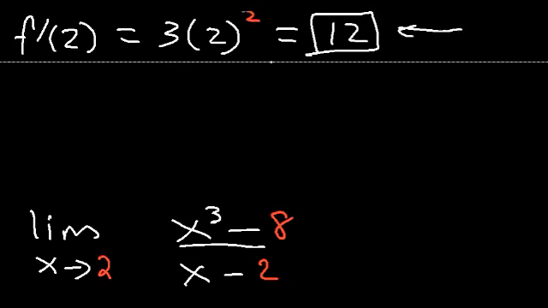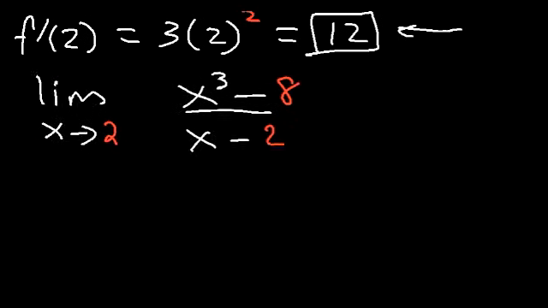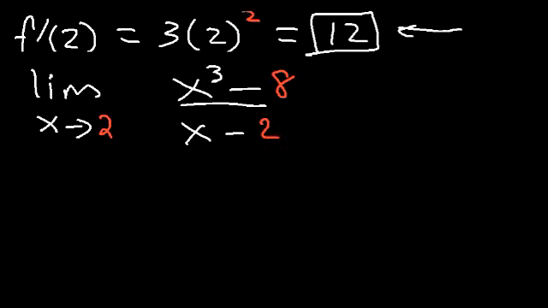Now we need to prove that this limit is going to give us 12, because 12 is the answer. So let's see if we can get it. What would you do to simplify this limit? x cubed minus 8. Notice that we can take the cube root of x cubed and 8.